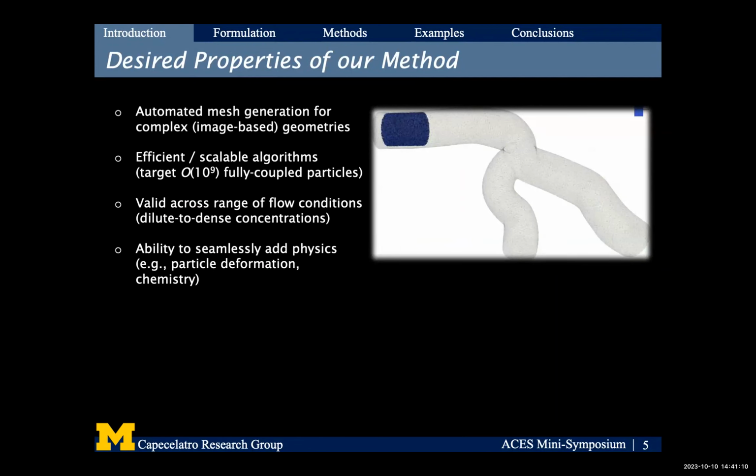We want a couple capabilities of our framework, right? So automatic mesh generation. We want to be able to take an MRI and quickly get a reasonable mesh to do flow simulations inside. We need efficient and scalable algorithms. So one of our goals is to be able to simulate 1 billion particles. The reason we chose 1 billion is because it's a nice round number. That doesn't represent all of the red blood cells in the human body, but it's quite a bit more than what you typically see in existing codes.